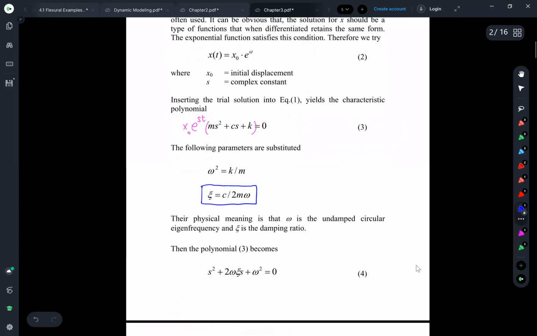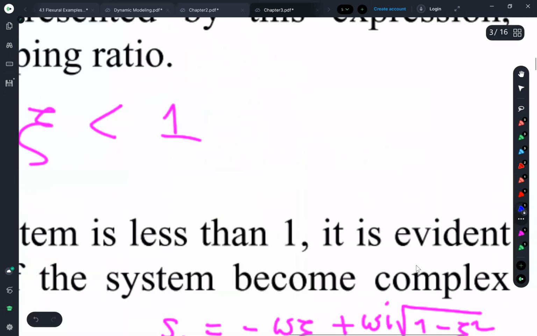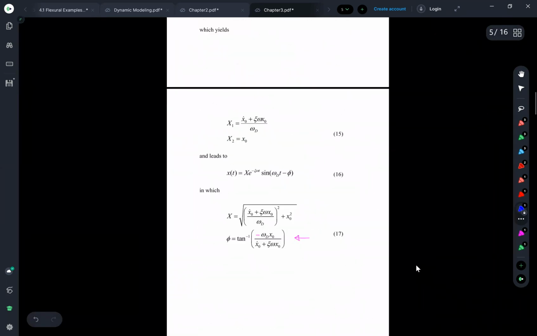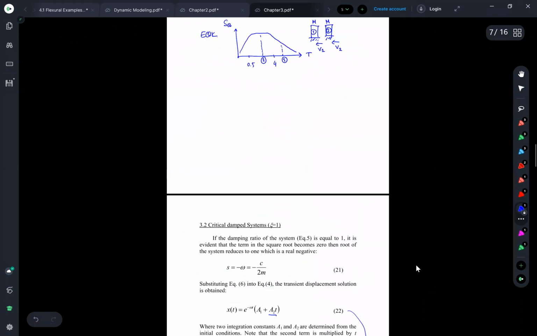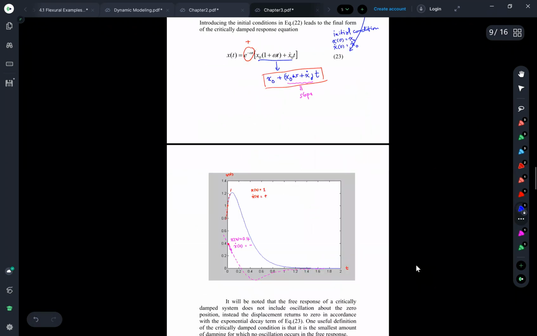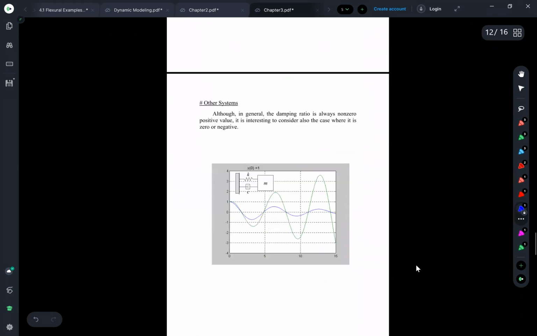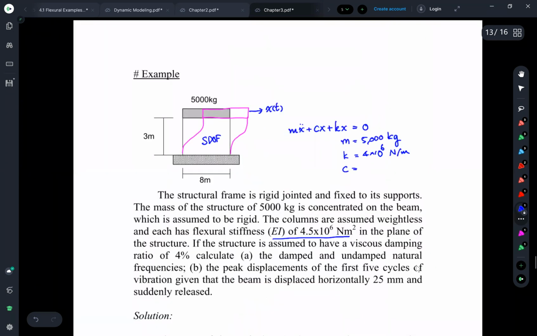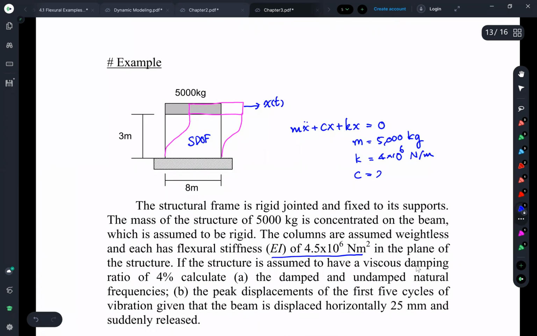Yeah, here. Psi equal to C over 2m omega. Therefore, C will be 2m omega psi, right?